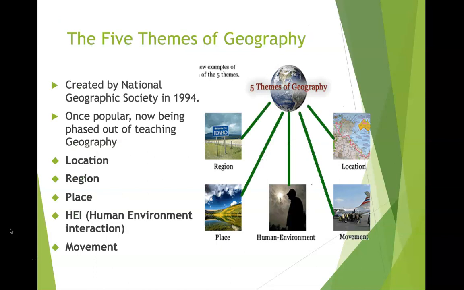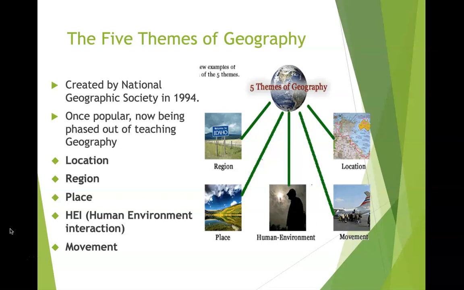All right, so first thing we're going to talk about that isn't in the book are the 5 themes of geography. This used to be the way that we taught geography. It was created by the National Geographic Society, kind of a big deal at National Geographic, back in the 90s, right? And it basically looked at every place from 5 themes, right? First one was location, where is it?